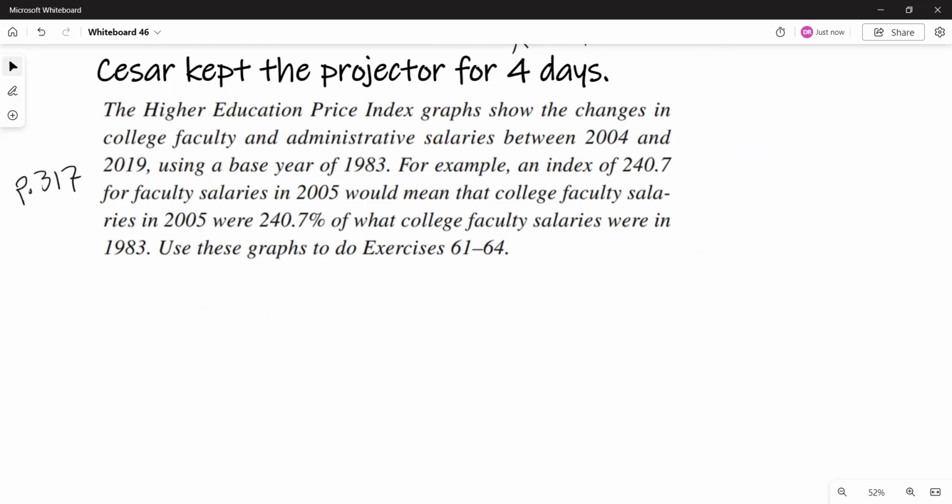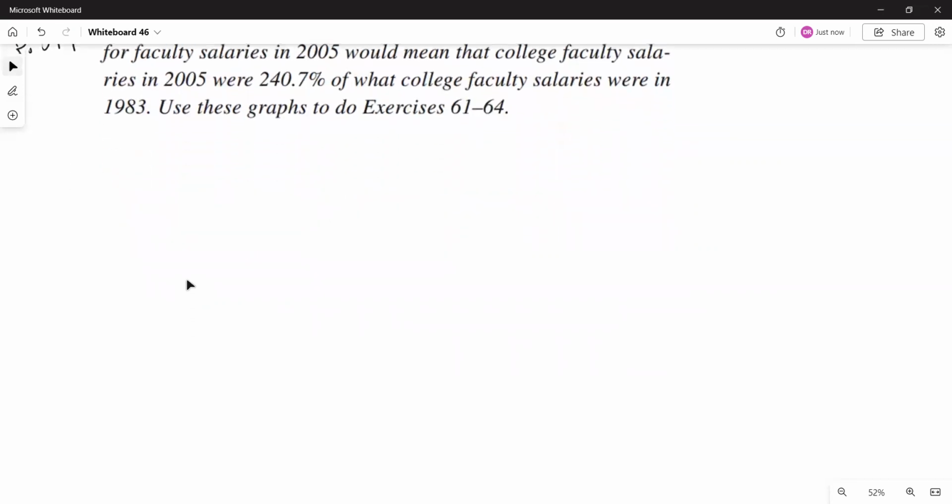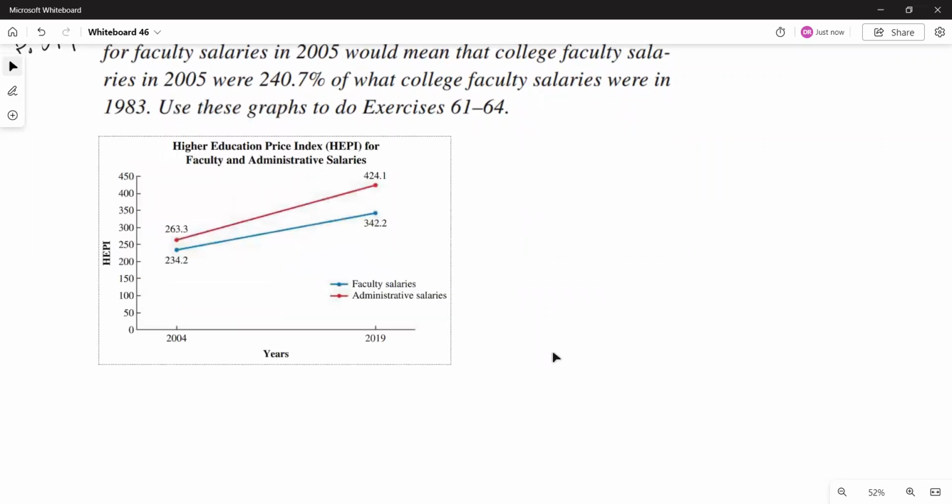And I'm going to copy the graphs so we can see the graphs.